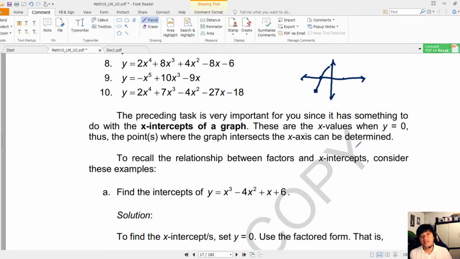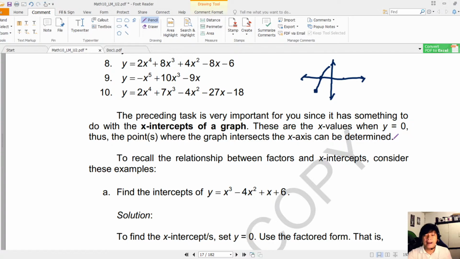So, in other words, yung previous lesson natin, the x-intercepts are also the real roots. Yun yung value ng ating real roots. Kasi real roots, the equation there is equal to 0. Diba? So, yung y natin doon is equal to 0. We set y equal to 0.